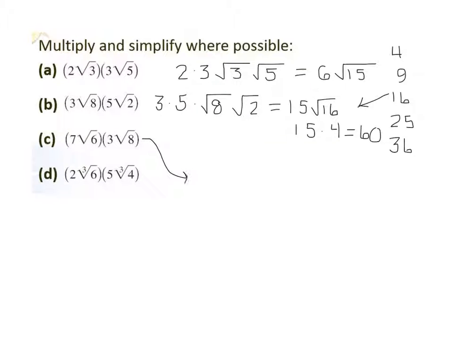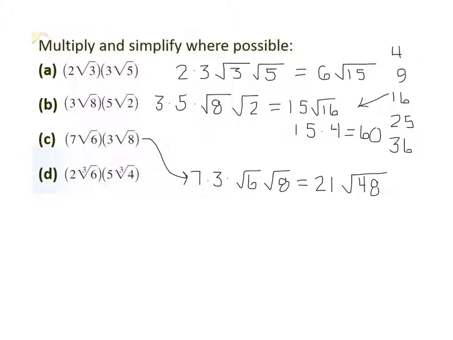In example C, again, we're going to multiply the coefficients together, and then we're going to multiply the radicals. So 7 times 3 is 21, and square root 6 times square root 8 is square root 48.